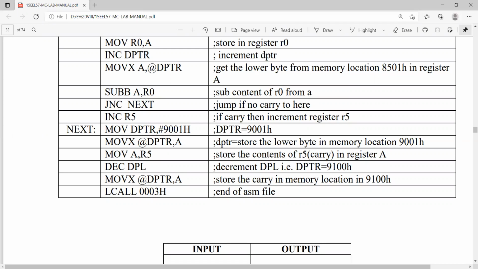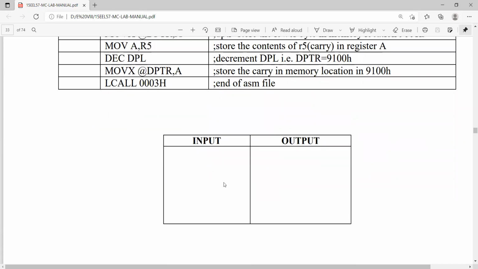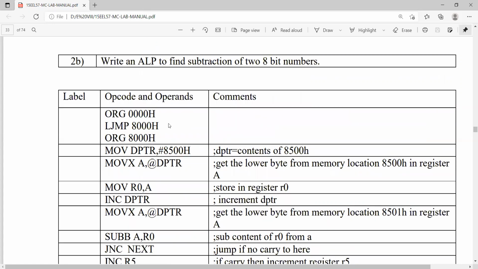In the 9001 location, we have the difference. What is the difference value? The subtraction result is called the difference. So we will get the difference and borrow condition as answers. Here input means you can give the data in the locations 8500 and 8501.